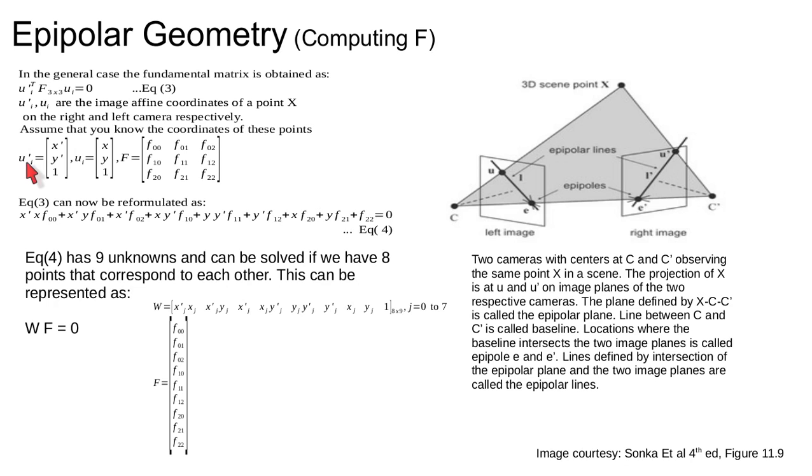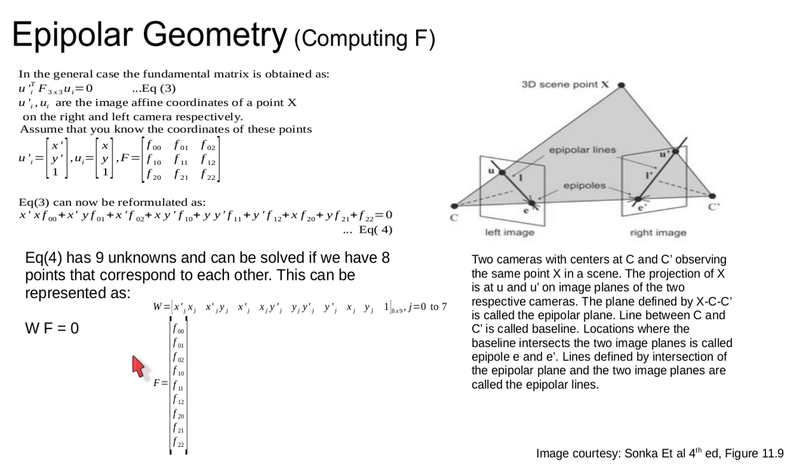Substituting these values of ui dash, ui and f in equation 3 will give you this expression. Now, equation 4 has 9 unknowns and it can be solved if we have 8 points that correspond to each other.